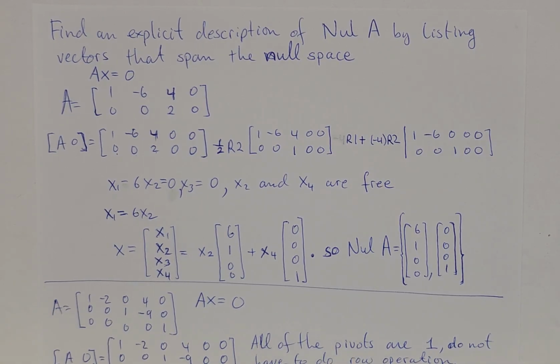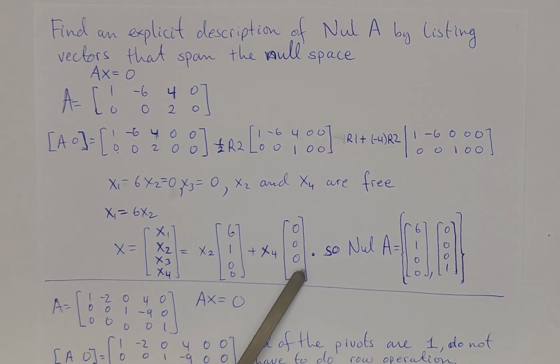So we have two free variables, x2 and x4. After that, we will list out all of the terms for x2 and all of the terms for x4.